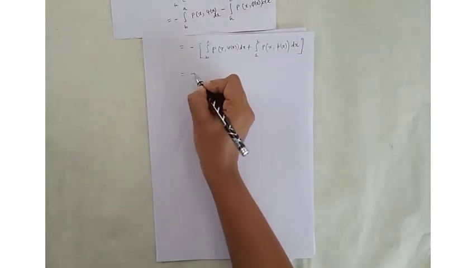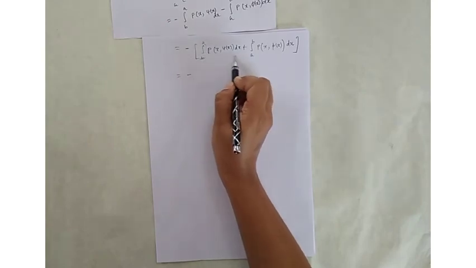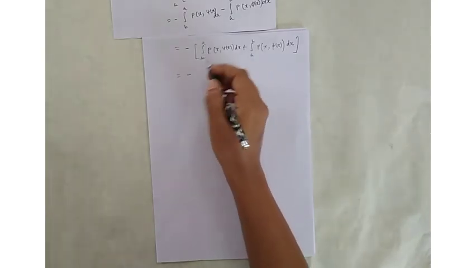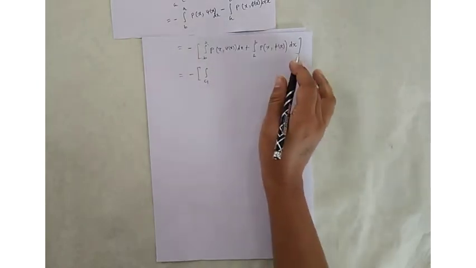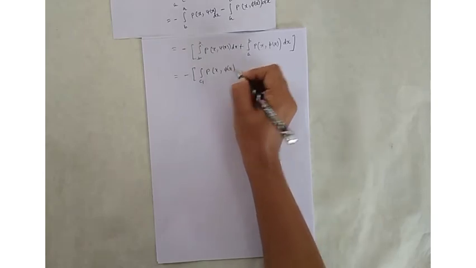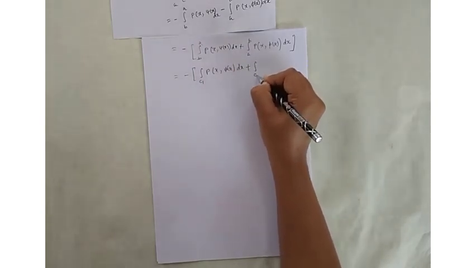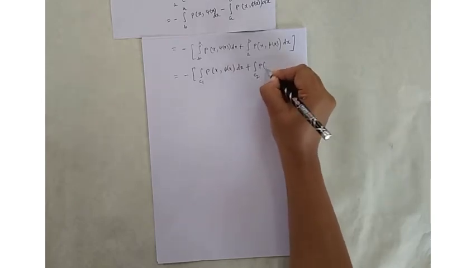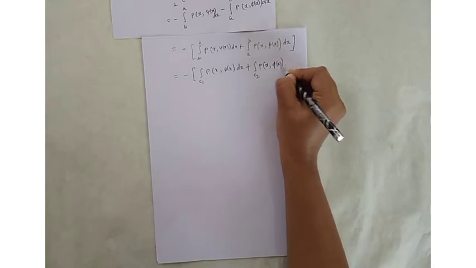So it is equal to minus: this limit with this function is described as the curve C1, so the integration on curve C1 of P(x, phi of x) dx plus the integration on curve C2 of P(x, psi of x) dx.